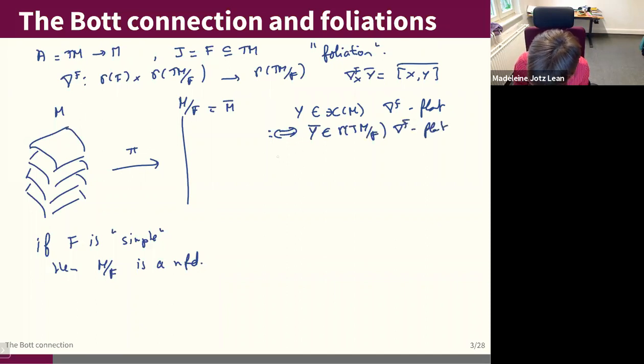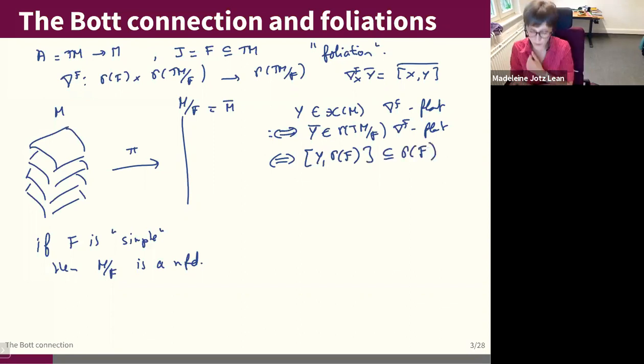By definition, it's the same as asking that for any section X of F, the bracket of X with Y is again in F, right? So that the class of this bracket in TM mod F vanishes. So by definition, it's equivalent to saying that Y brackets all the sections of F into sections of F.